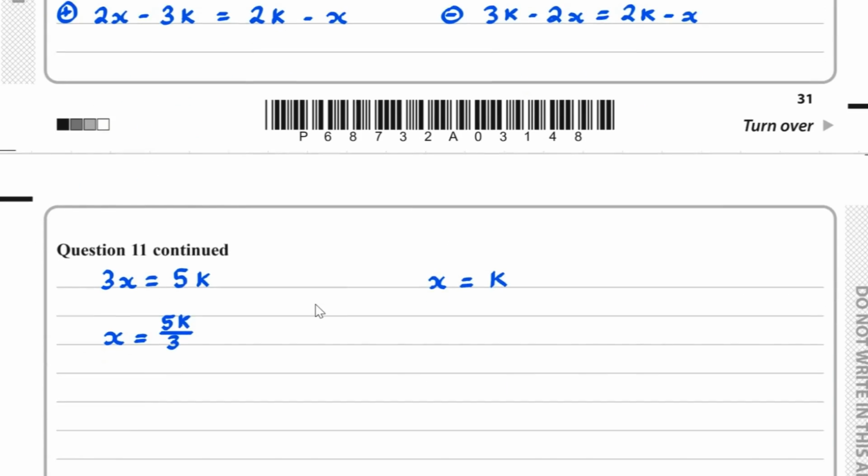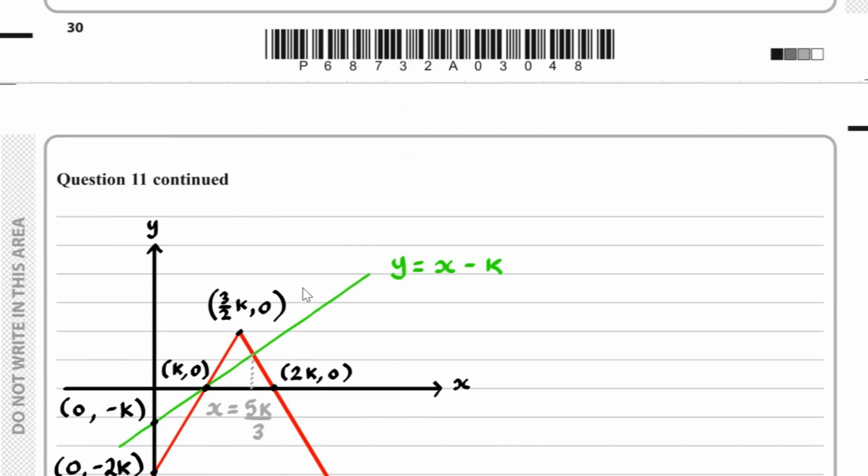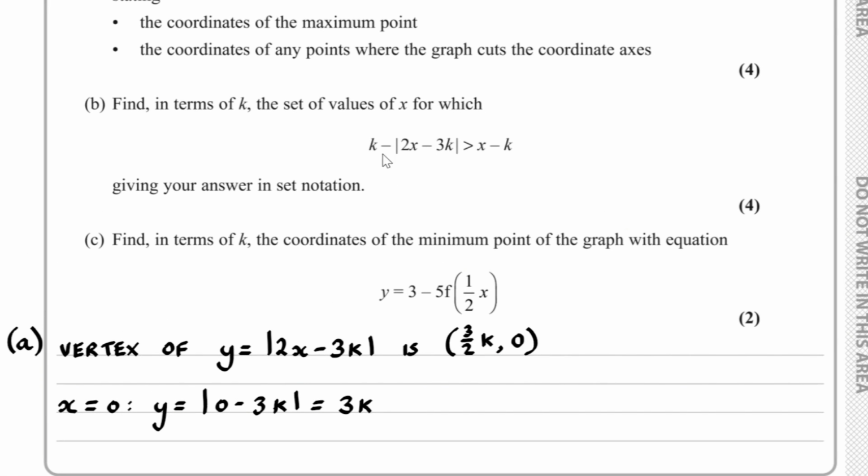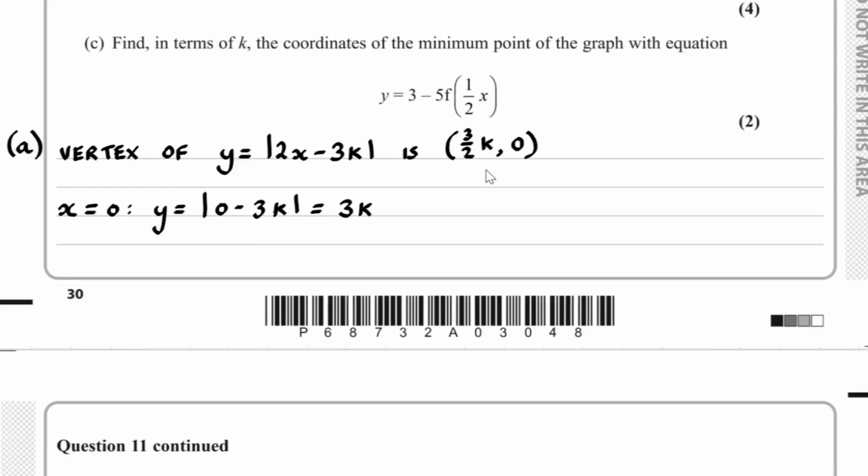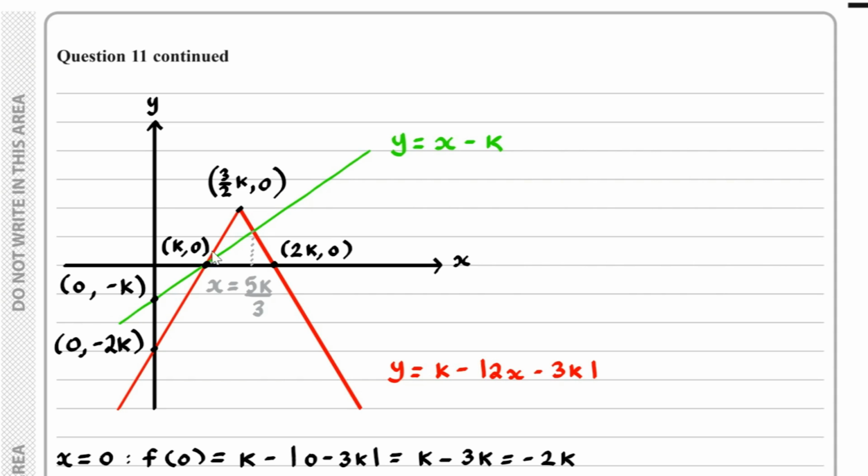Now, with that, we need to find out where k minus the mod of 2x minus 3k is greater than x minus k. In other words, we're looking at where the red graph is greater than the green graph. Quite simply, that's in this region here.